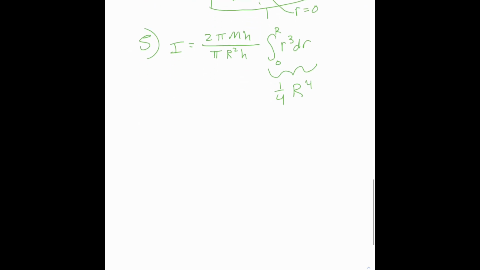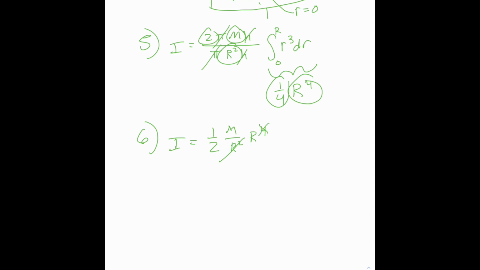Okay, so you might see what the final result is here. Pi cancels, h cancels, the 2 and the 1/4 give us a 1/2. Ooh, I think we're onto it here. I equals 1/2, and what are we left with? M over R squared times R to the 4th. The R squared and the R to the 4th cancel to give us R squared. There it is. Exactly what we thought we would get. I is equal to 1/2 M R squared.